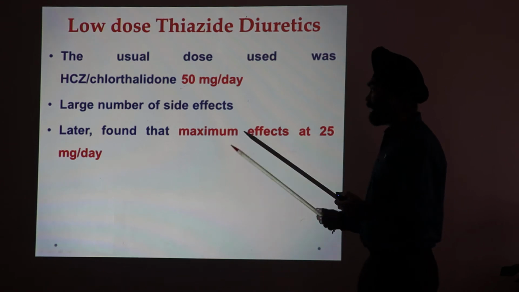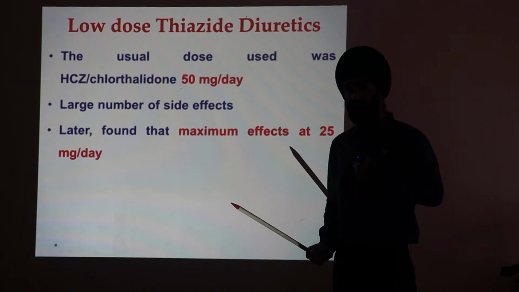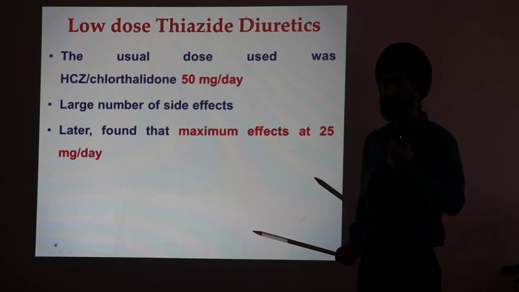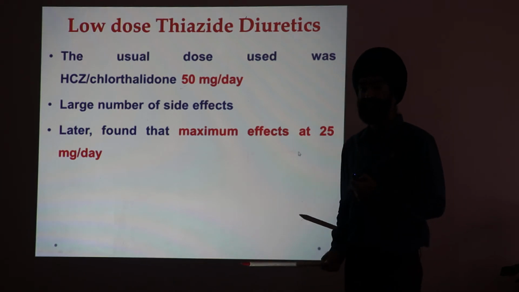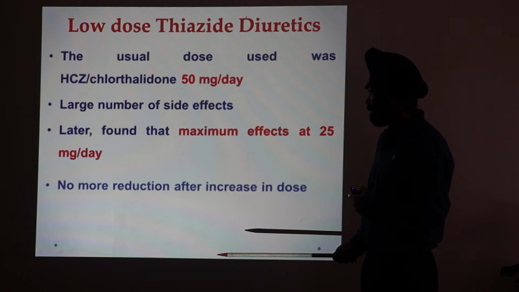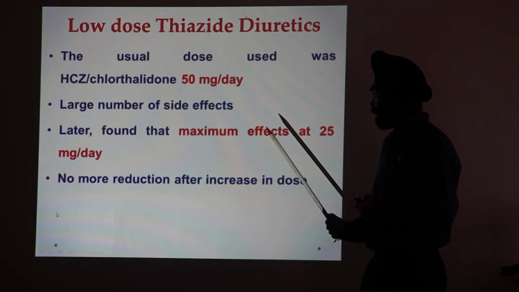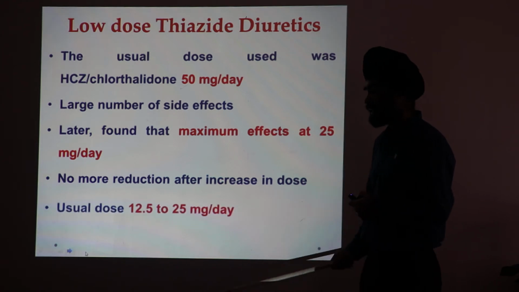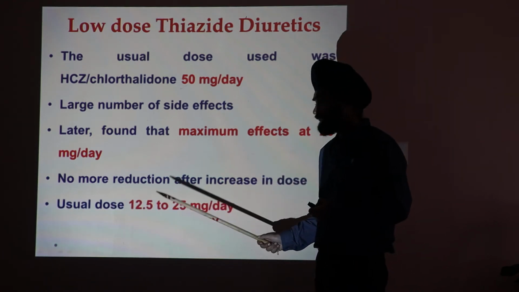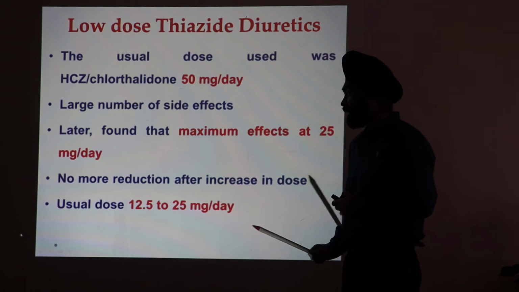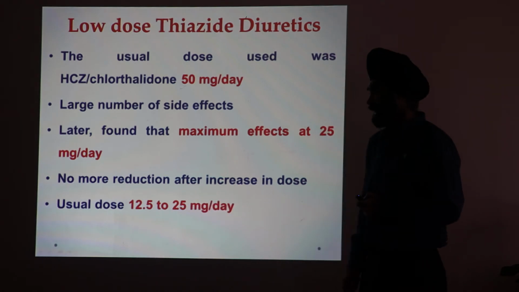Indeed, if you increase the dose beyond 25, no further increase in effect will be produced. So that means no further reduction in BP after increasing the dose beyond 25. The usual dose that we use of chlorothiazide is 12.5 to 25 mg per day.